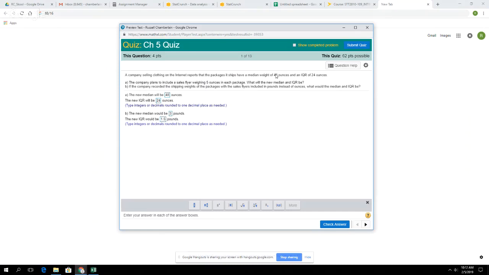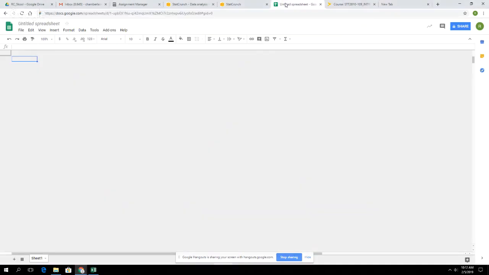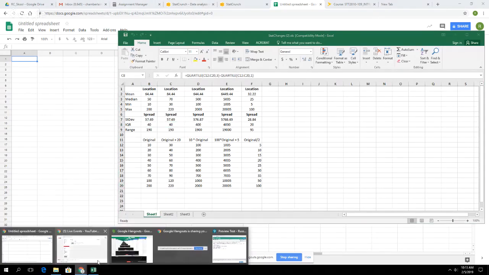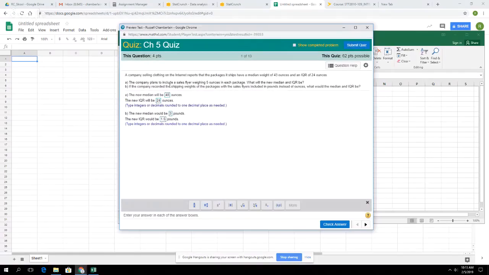So let's just check all the math. 43 plus 5, looking good. I think the IQR doesn't change because we're just shifting the location. I could even go back here to my spreadsheet and see that when I shift, the location changed and the spread didn't. I can even look explicitly and see that the IQR doesn't change on this comparison sheet. Okay, so that helps me be even more confident about this answer.